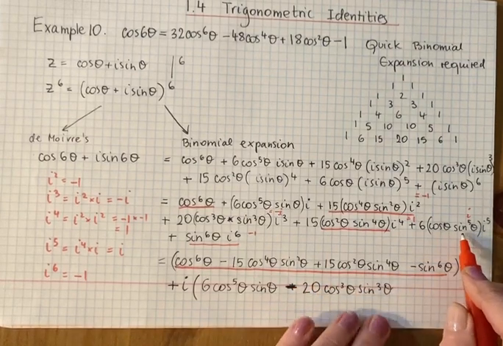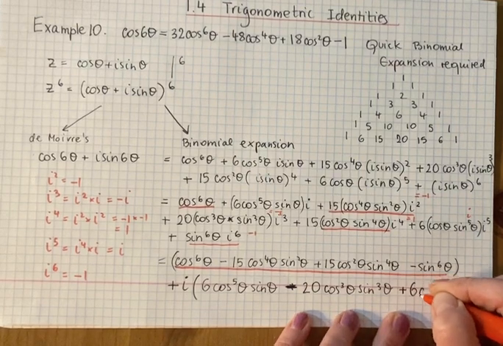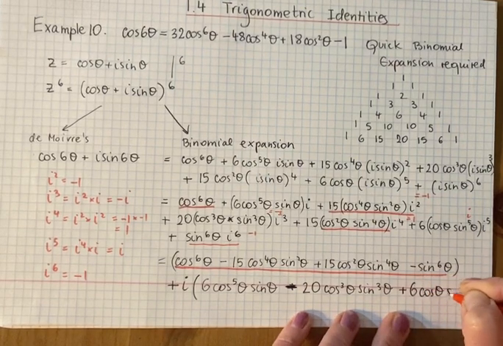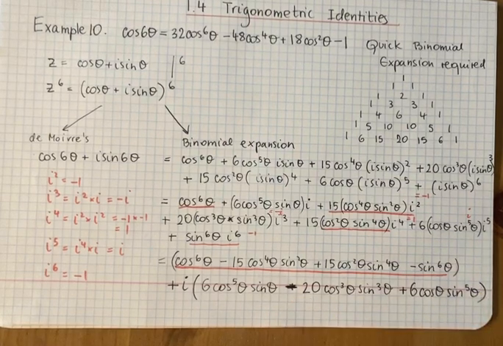And this one here is positive i, so that will take you to plus 6 cos theta sine to the power 5 theta. There you go.